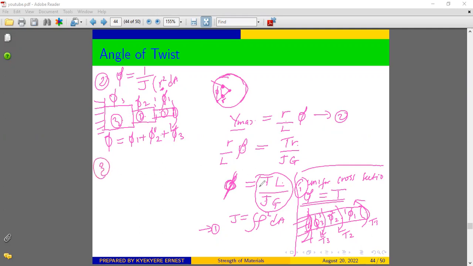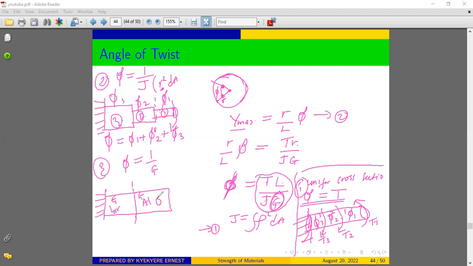The third condition is that the angle of twist is also related to the modulus of rigidity, and the modulus of rigidity is a property of the material in question. It therefore means that if I have a shaft which does not consist of the same material, let's take it that this portion is aluminum and this portion is brass, then because it's made up of different materials, the modulus of rigidity for this side will be different from the modulus of rigidity at that side.